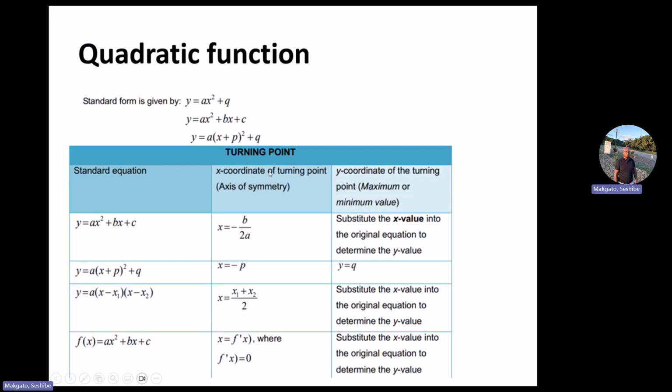Your turning point has two parts: the x-coordinate and the y-coordinate. So at any given point where your function turns, it must have the x-coordinate and the y-coordinate. Normally it's x, y.